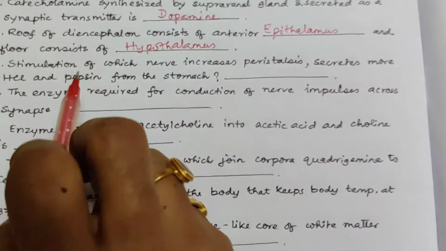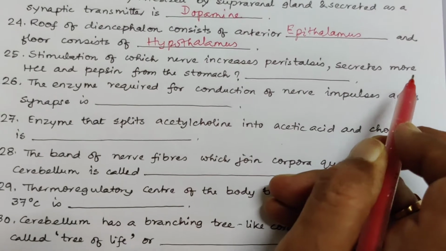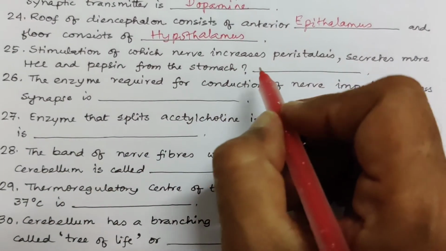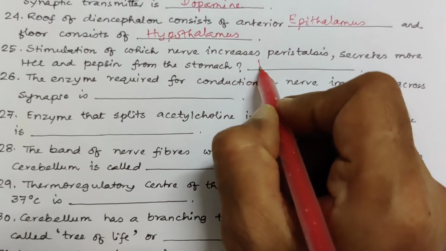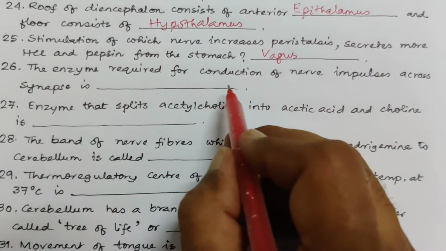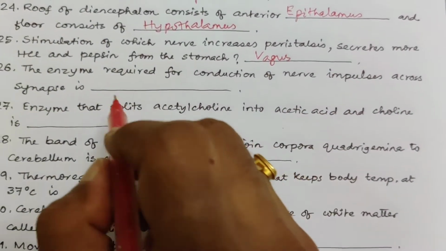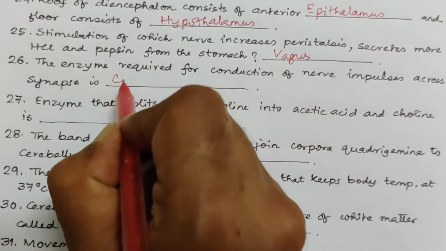So, getting it, the stimulation of which nerve increases peristalsis, secretes more HCl and pepsin from the stomach. This is vagus, the 10th cranial nerve. Enzyme required for conduction of nerve impulses across synapse is choline acetylase.